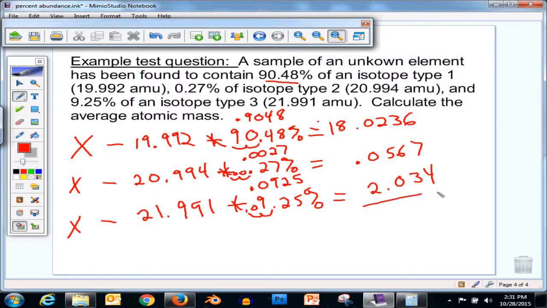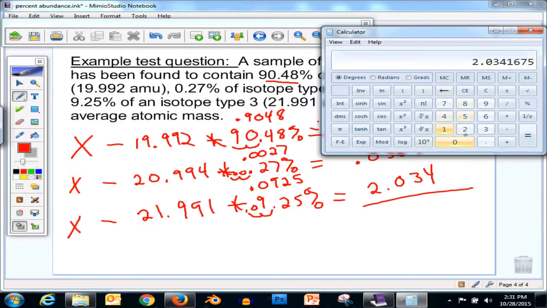2.034. Next I'm going to add. Now, I like to do things in my head, and when I tried this earlier, I didn't line up all my decimals and I added wrong. So I really just suggest that you use a calculator.